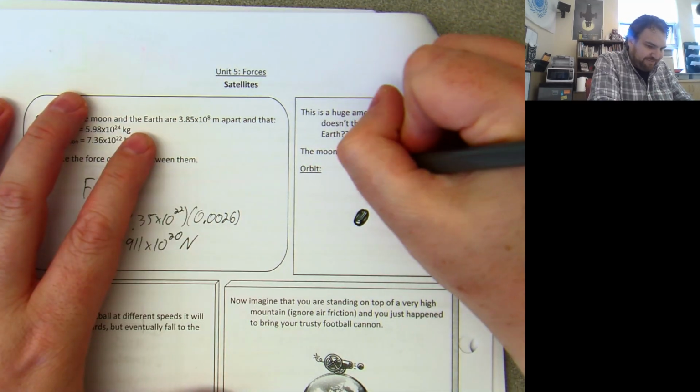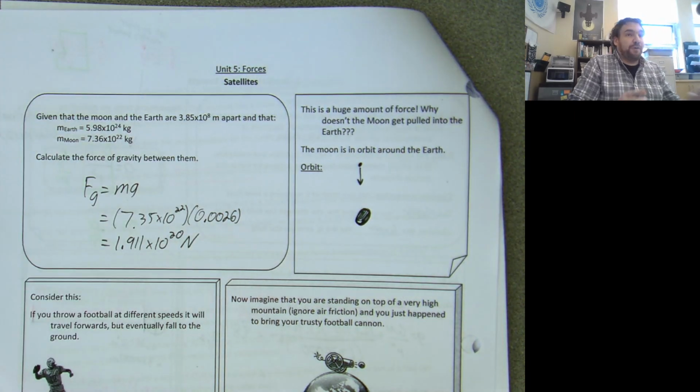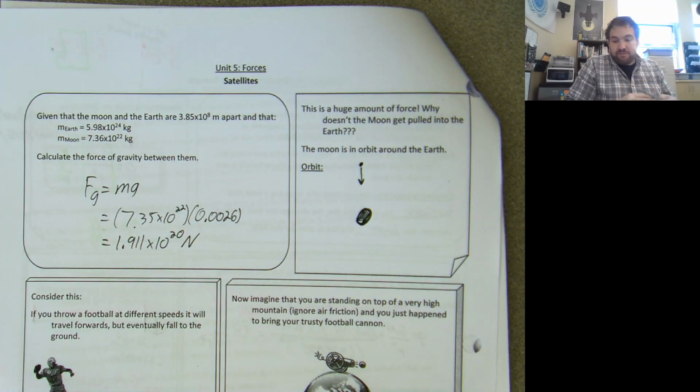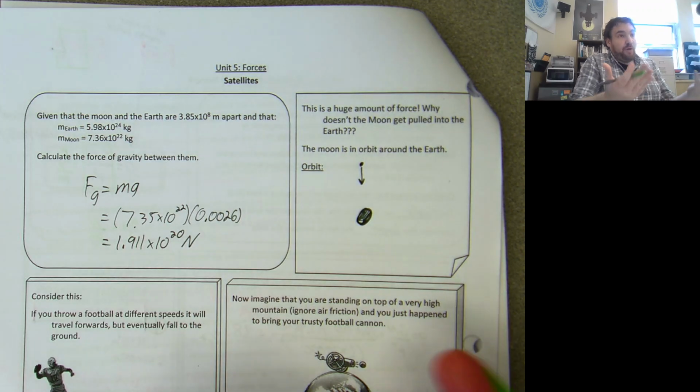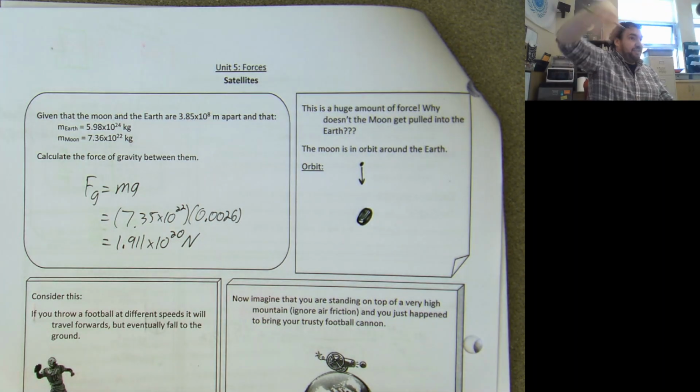The moon at that location is experiencing a force inwards. But the moon doesn't stay there. If the moon was just stationary there, it would slam into the Earth. What's the moon doing? It's orbiting. What does that mean? It's moving tangentially, perpendicular to the force of attraction of the Earth.